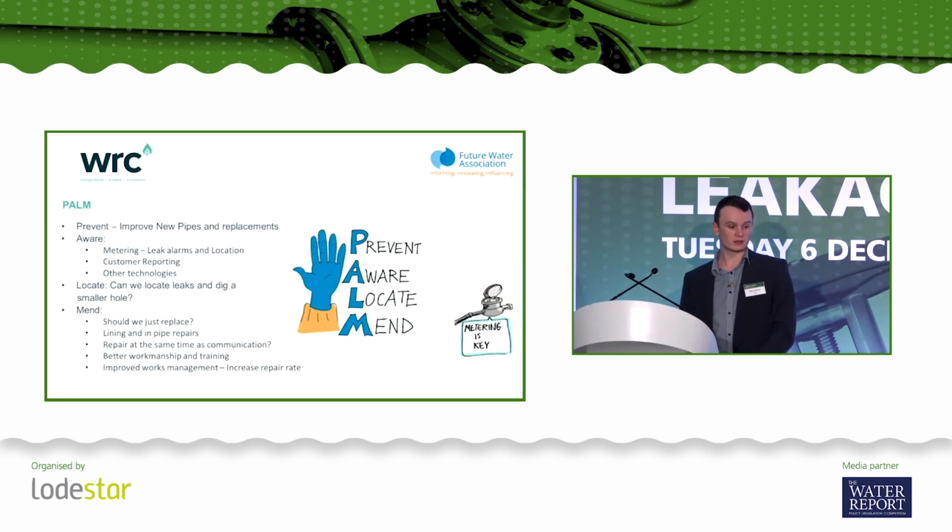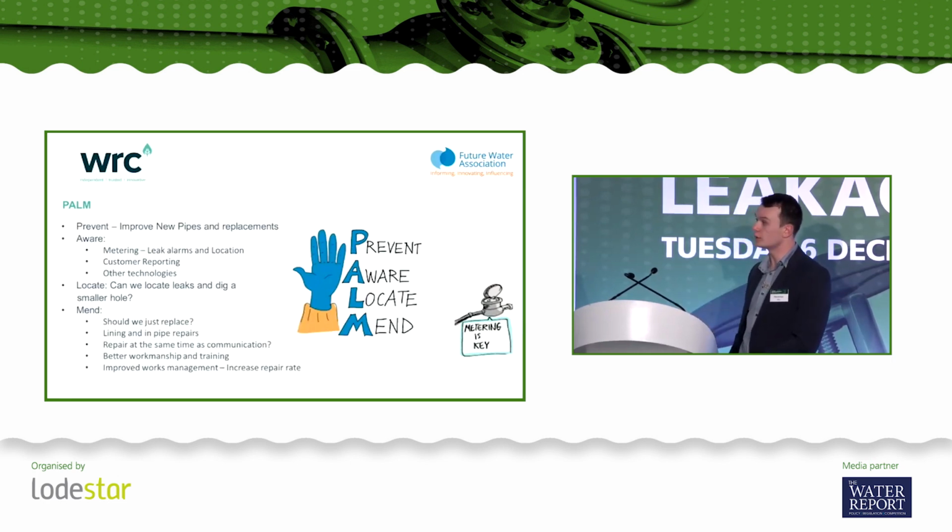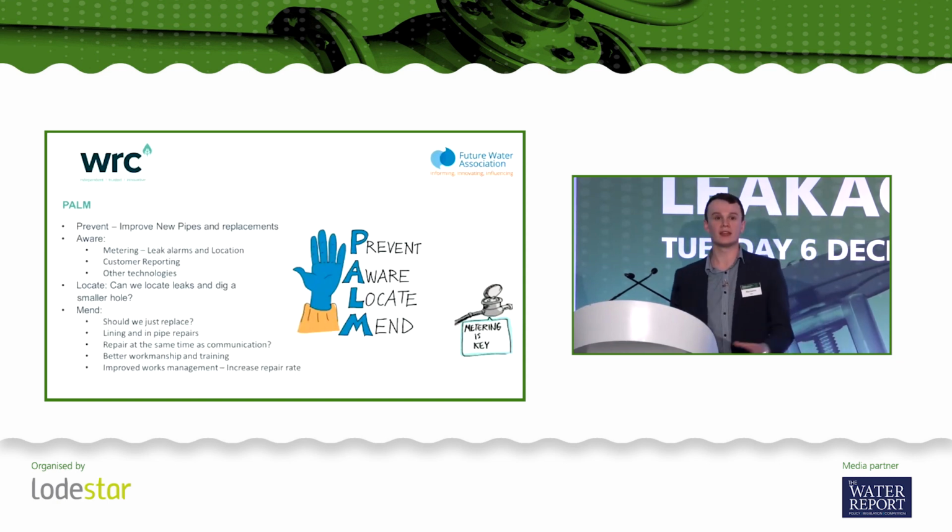And then on the mend, the key finding that we really had, what everyone was talking about, was, should you mend at all in a customer side loss case? And in terms of supply pipes, is there really a case to make a small fix when it's relatively cheap once you've already dug the hole to replace that pipe? And should that be the new go-to solution for customer supply pipes?